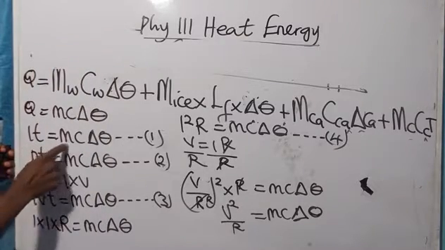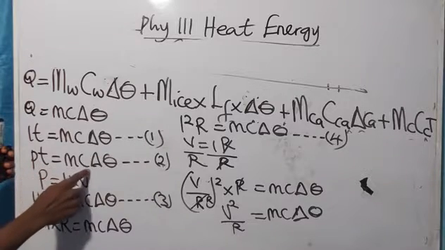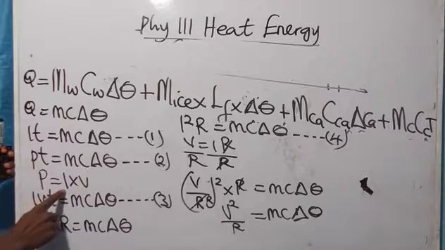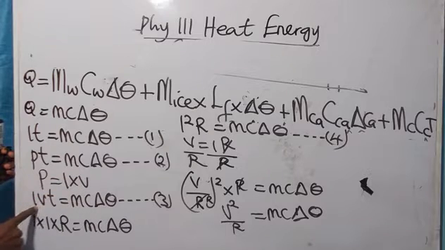IT equals MC change in temperature, that is equation 1. PT equals MC change in temperature, equation 2. Then P equals I times V. This I represents current, which is measured in ampere, and voltage is measured in volts. So you have current times voltage times time, all right? Please, this time you must always calculate in seconds.